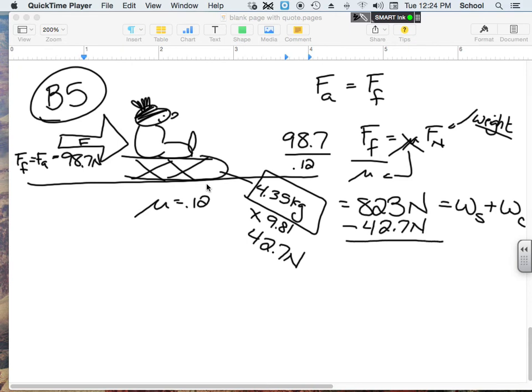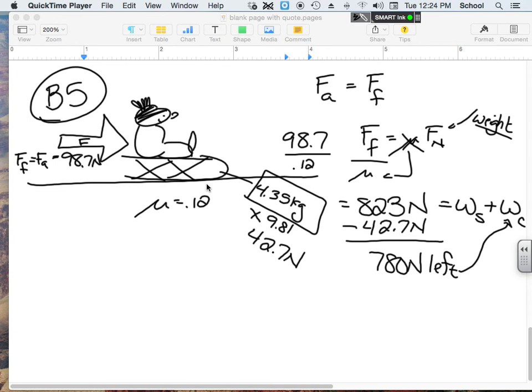So if I subtract out the weight of the sled, I'm left with the weight of Cindy. That gives me 780 newtons left, which must be the weight of Cindy.